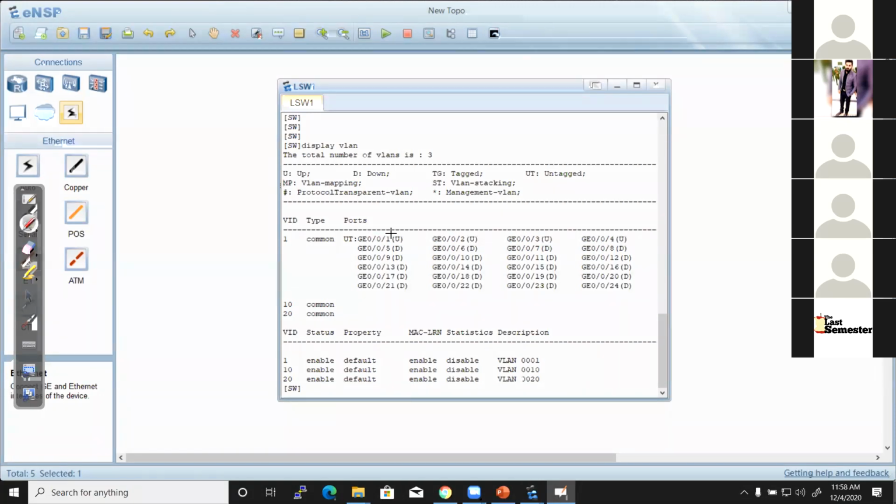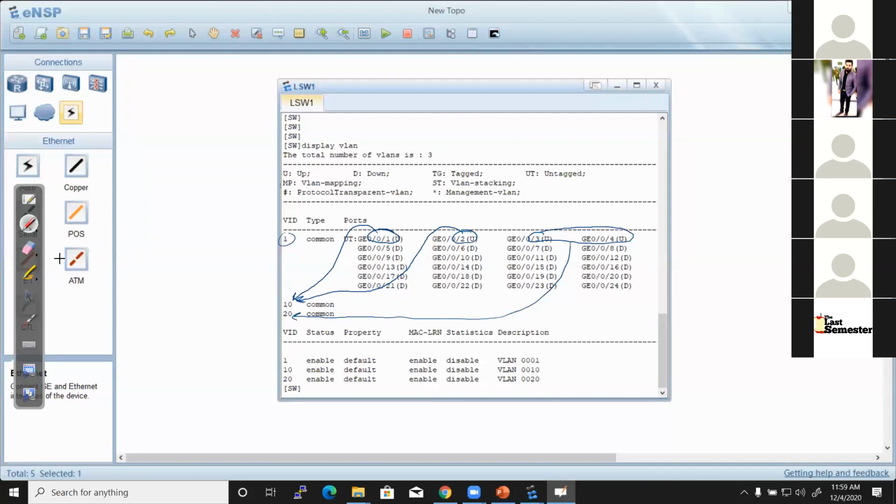We need to jump to this port and tell it to join VLAN 10, and I will also go to this interface and tell it to be a member of VLAN 10. Why? Because this is my scenario. And I need to tell these two ports to break the membership with VLAN 1 and join VLAN 20.